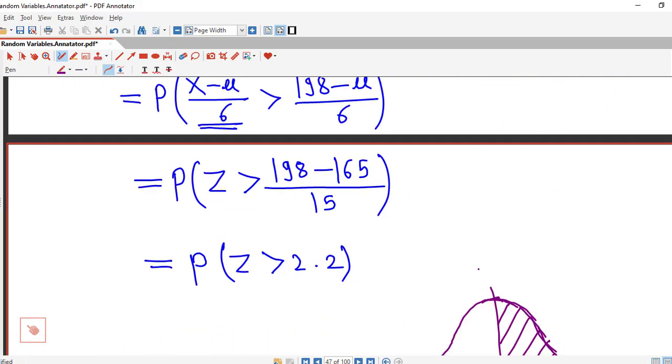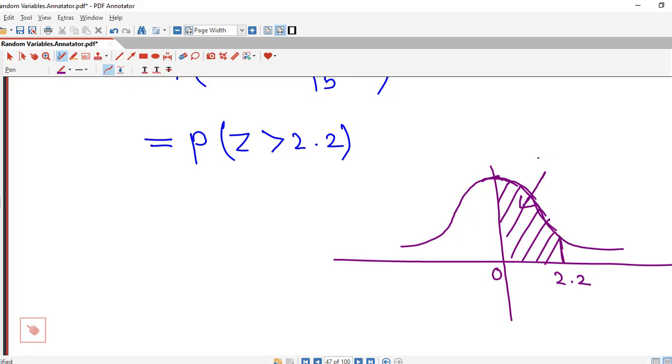So first we mention that the area between 0 and 2.2 is 0.4861, and we are interested in the area to the right side of 2.2. The total area to the right side of the y-axis is 0.5, and we are interested in this area shaded by red lines.